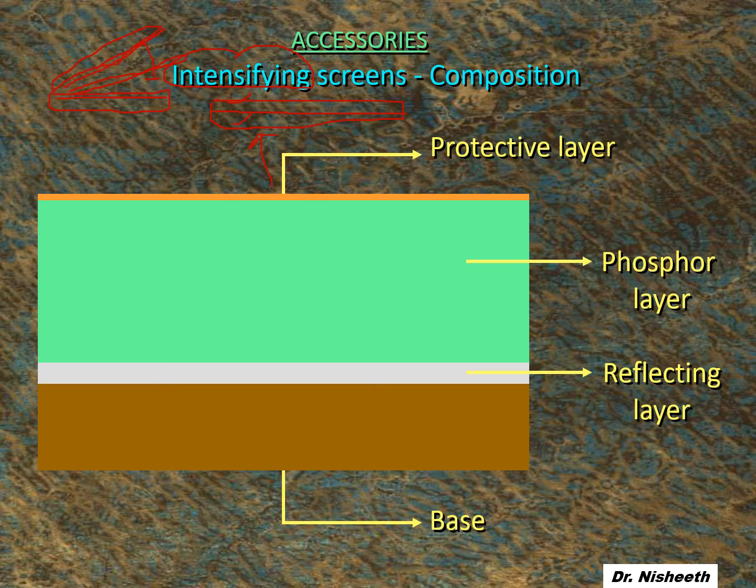Some amount of radiation reaches the intensifying screen. There it gets converted to light photons, so one X-ray photon gets converted to 400 light photons. Now 400 light photons will go and hit the X-ray film, so it will get exposed 400 times of what the X-ray exposure alone would give. So we get a good radiograph without increasing the amount of X-ray required. That is the purpose of intensifying screens.